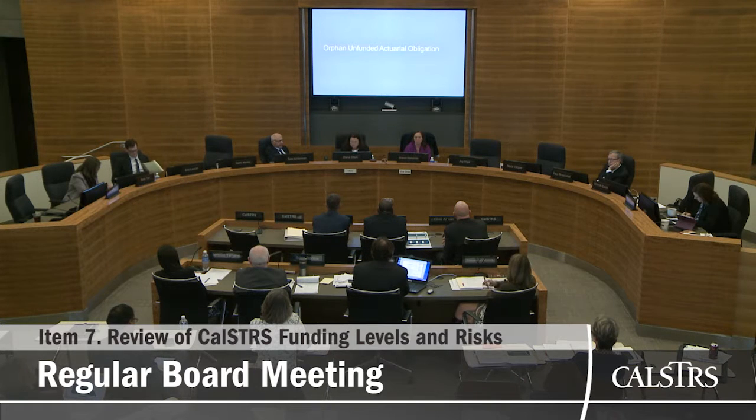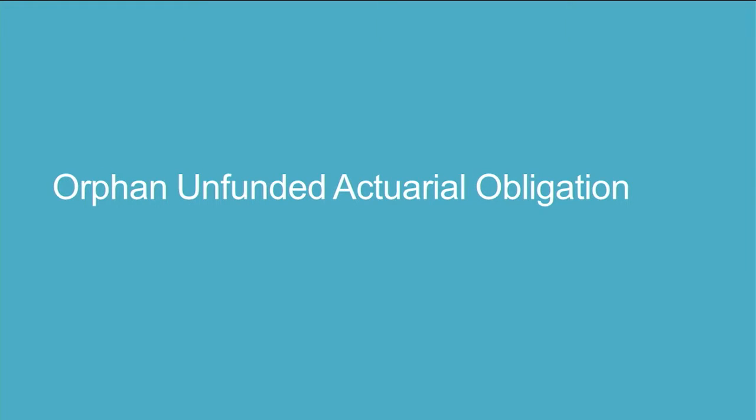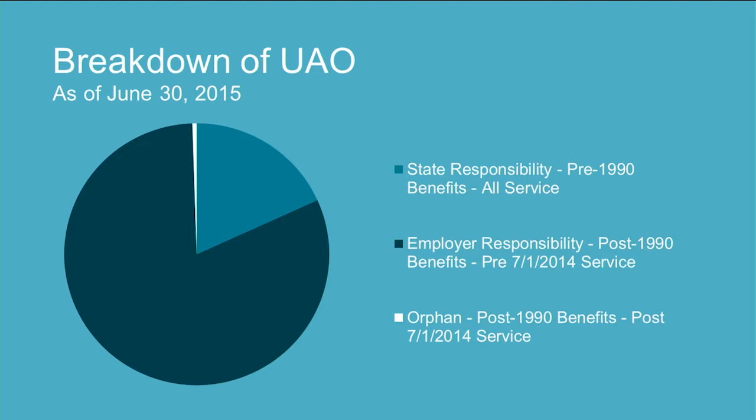Okay, now we wanted to switch topic again, talk about something we call internally the orphan unfunded actuarial obligation. That's something that was discussed with you 3 times already. I think the first time was when the funding plan was passed. So we want to just spend a few minutes again to talk about how the funding plan was set.